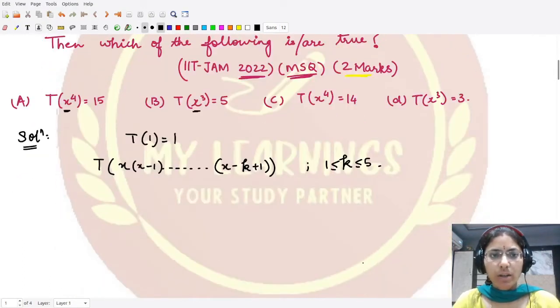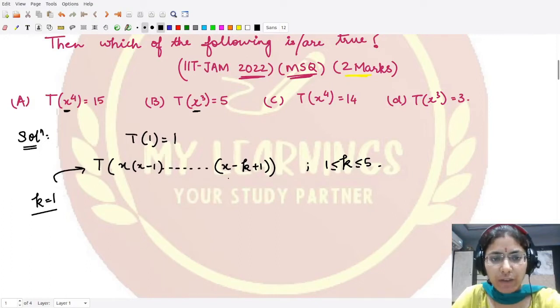In order to calculate T(x^3) and T(x^4), let's first start with k equal to 1. When we substitute this in the expression, if you substitute k as 1, you have x minus 1 plus 1. So basically we'll be going up to x only.